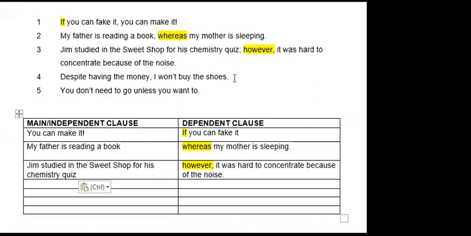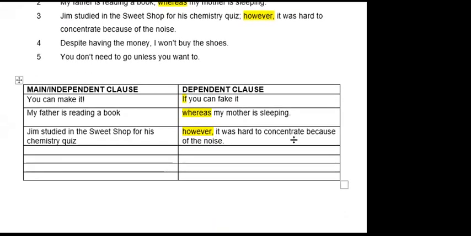Let's look at the next one. Despite having the money, I won't buy the shoes. What is my conjunction here? No, "buy" is a verb. A conjunction doesn't always have to be in the middle of a sentence.